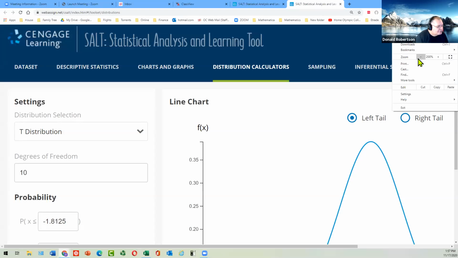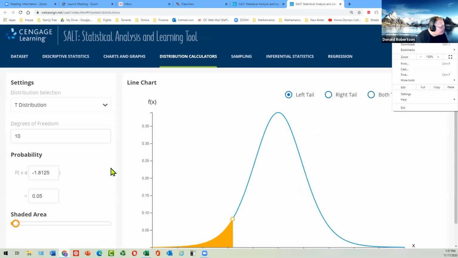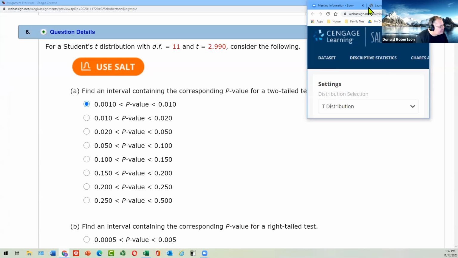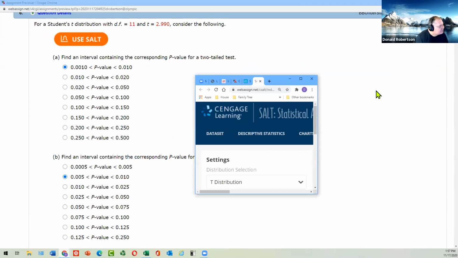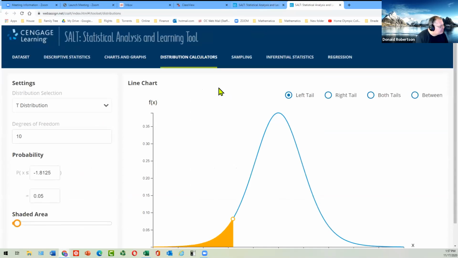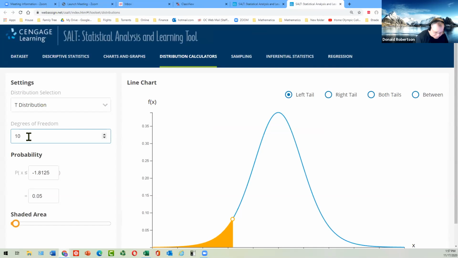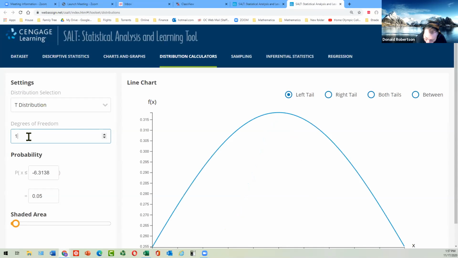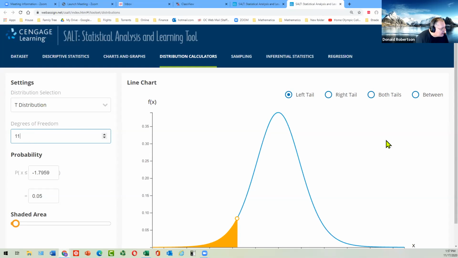I'm going to have to shrink this down so we can see a little bit more. It's going to have 11 degrees of freedom, and it's going to be two-tailed, both tails. And the number is 2.99.